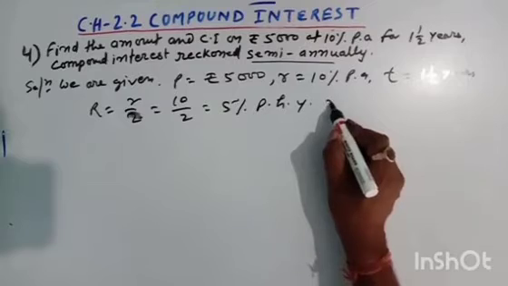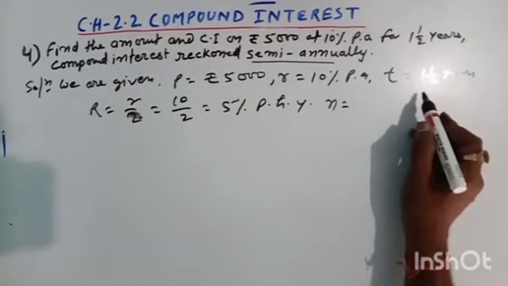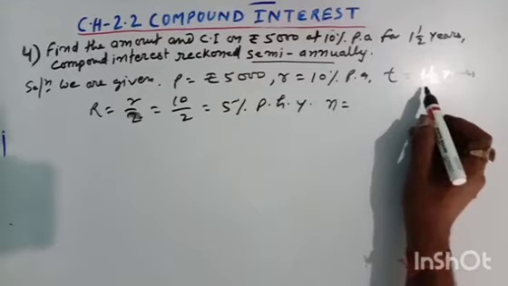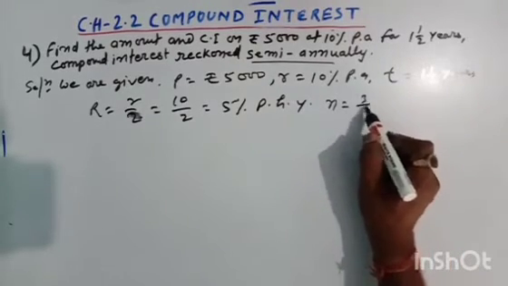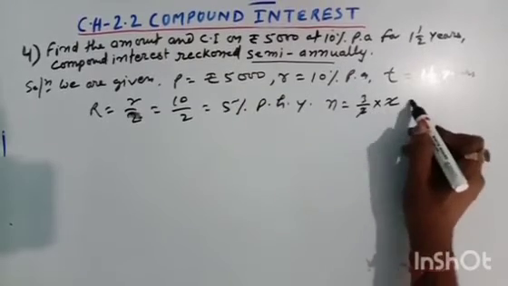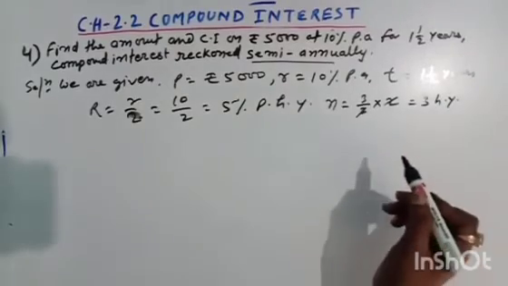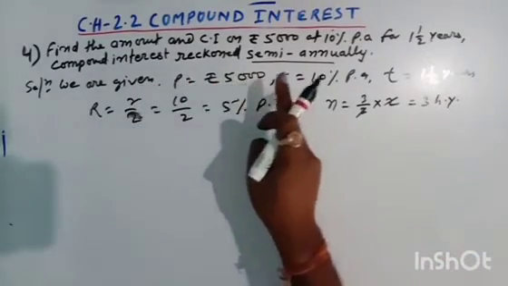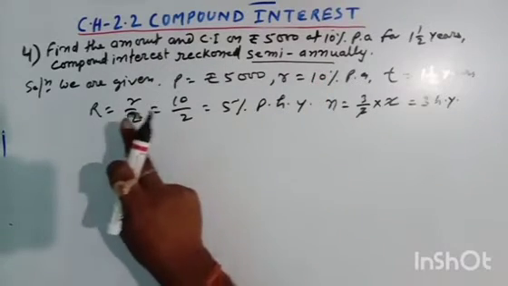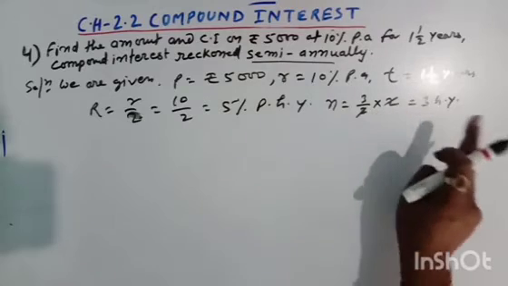And n means how many times. So here it is imposed semi-annually, so in 1.5 years it will be imposed 3 times. How? You can see here, 3 by 2 multiplied by 2, cancel it, it's 3. Okay students, so remember it, whenever the question says compound interest reckoned semi-annually, you just divide the rate of interest by 2 and multiply the time by 2.